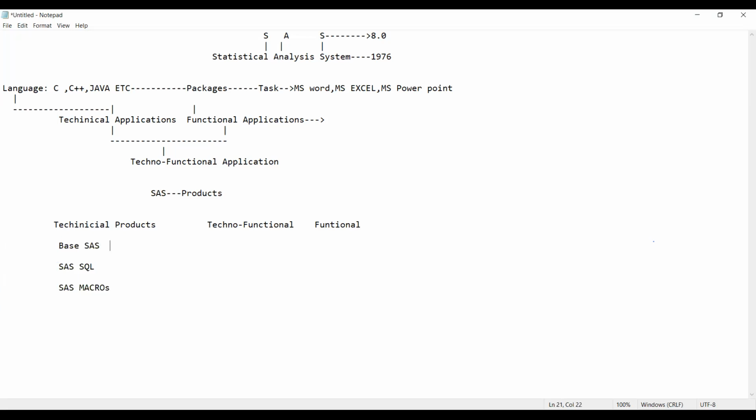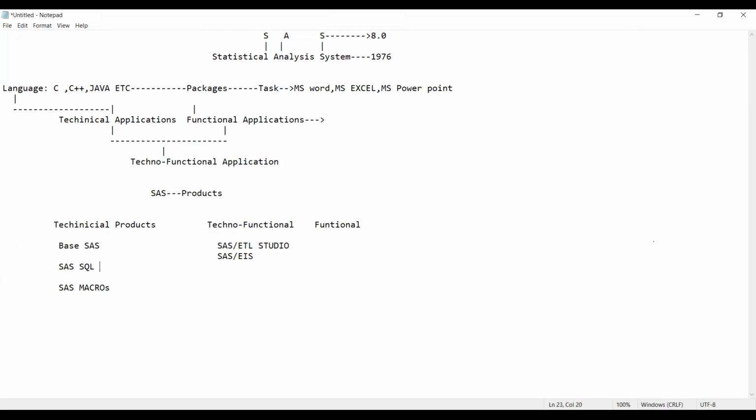Techno-functional products. Under the techno-functional products, we have SAS ETL Studio. Then we have SAS Enterprise Information System, EIS, which stands for Enterprise Information System.